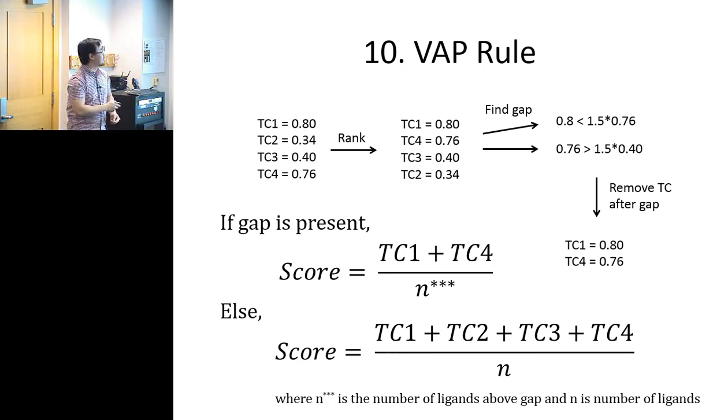So let's start here. So 0.8, and then we take 0.76 times 1.5. So that's greater than this here, so there's no gap, right? But if we take 0.76 and then 0.4, so 0.4 times 1.5 here, that's less than 0.76, right? So we consider that there's a gap there, essentially, and we take everything above that and we average it by the number above the gap, essentially, right? And otherwise we just use the average.